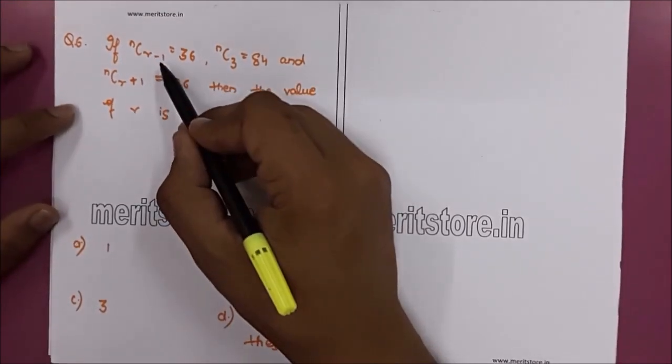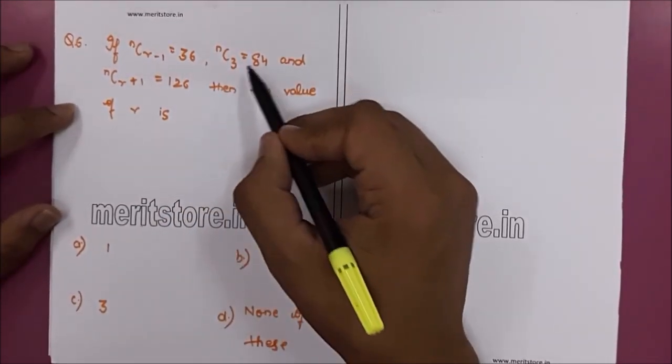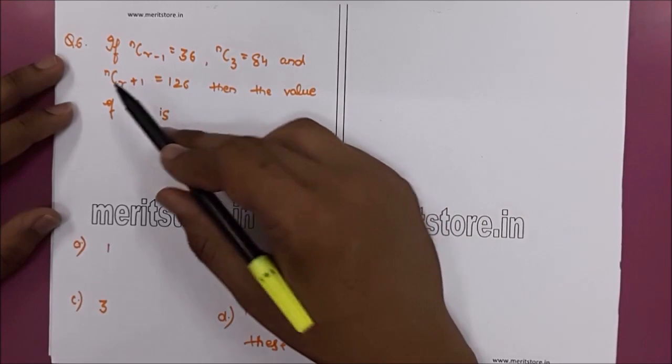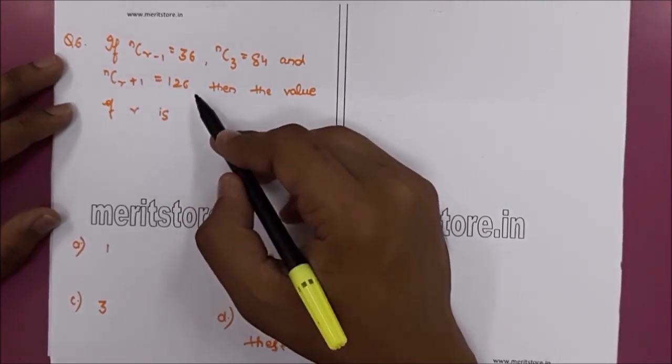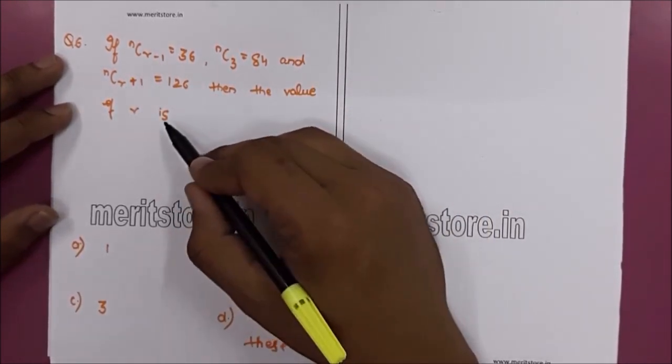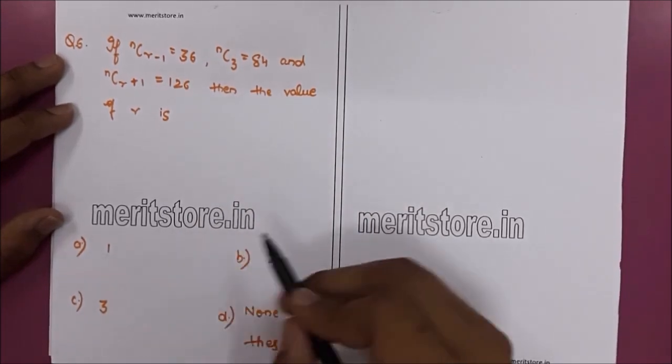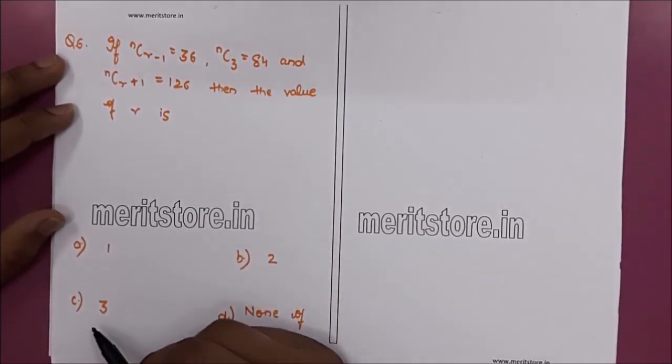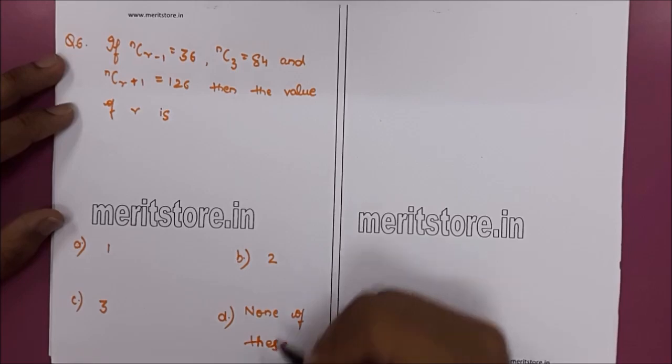If NC(R minus 1) is equal to 36, NCR is equal to 84 and NC(R plus 1) is equal to 126, then the value of R is option A 1, option B 2, option C 3, option D none of these.